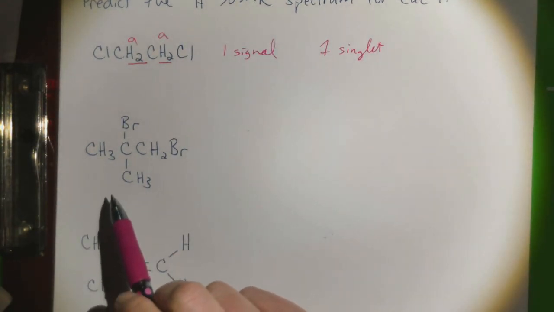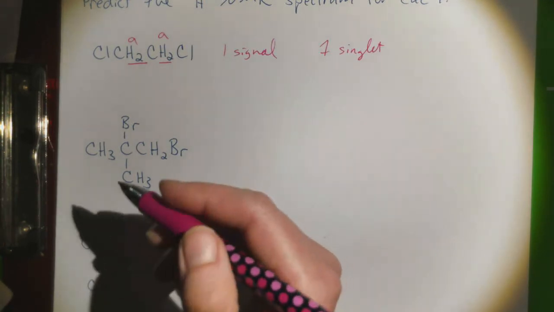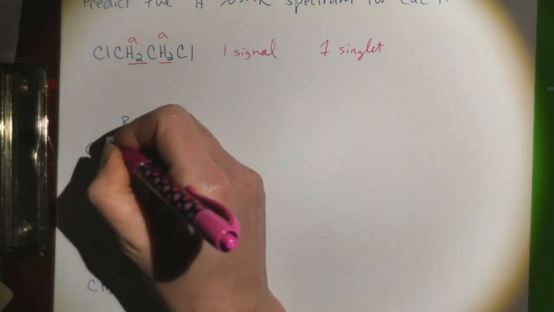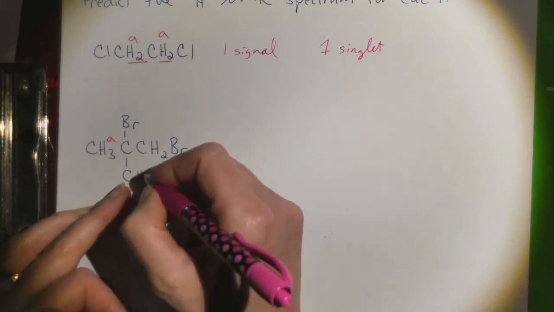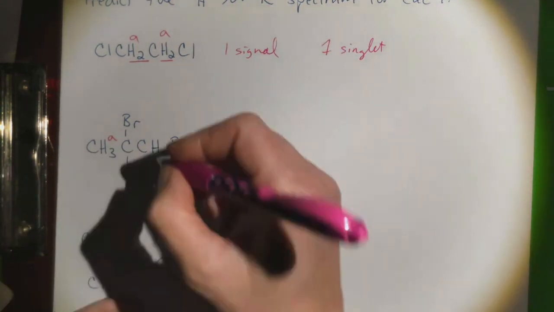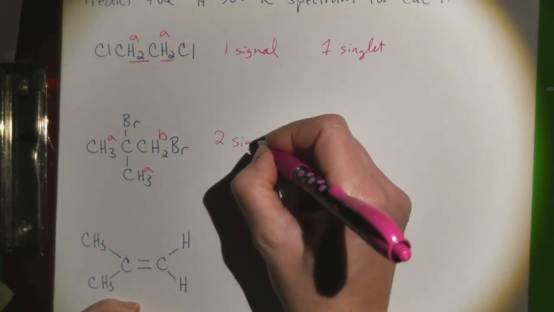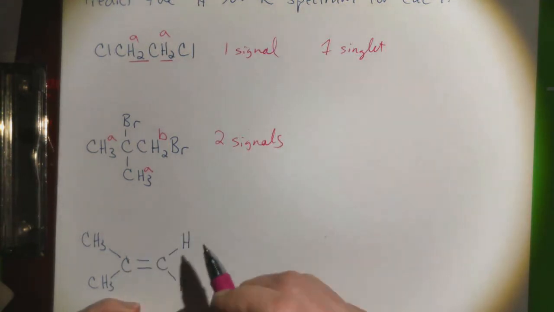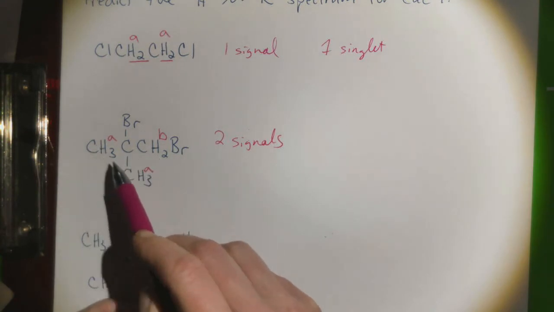So here, how many proton environments are there? How many signals are we going to end up with? Well, if this is my methyl group, that's A. This methyl group is also in the same environment. No protons here, but we have protons here, so that's B. So we have 2 signals. And then we would expect this one to be farther downfield relative to these.